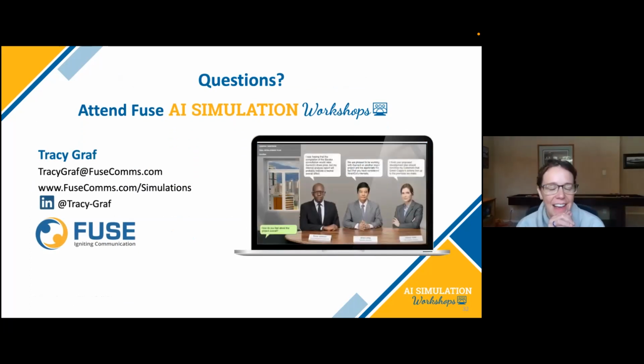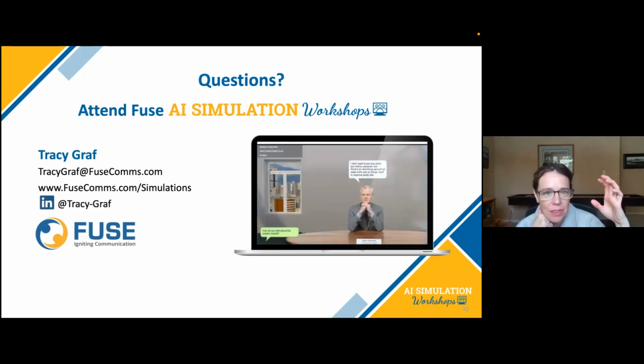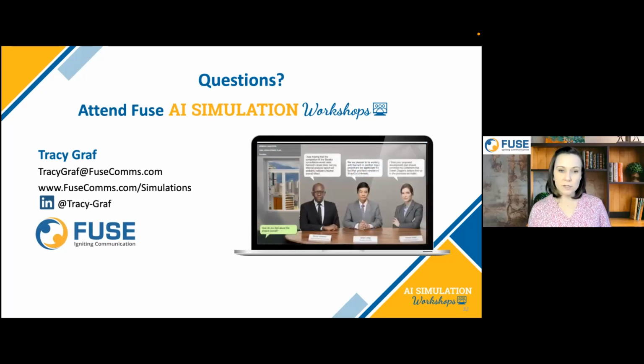Tracy, I have one. In the stakeholder engagement, when we did the interviews or we talked to the different people, could you have clicked and asked them multiple questions, more questions, as long as you could get through them in a certain amount of time, or are you limited to a certain number of questions? You are limited to a certain number of questions per meeting, but it's 6 interactions.